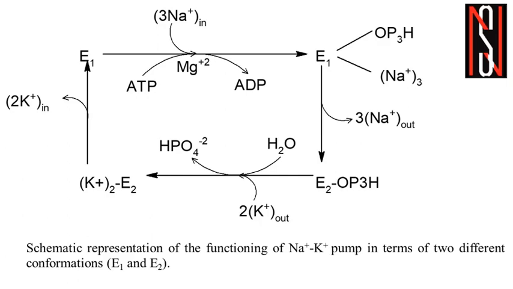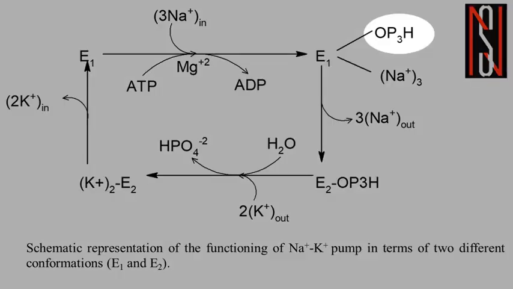I want to point out one thing here, that I have made one mistake. In the second structure, E1 is attached with OPO3H, not OP3H, because the functional group is HPO4 minus. In the third structure also, OP3H should not be written there.